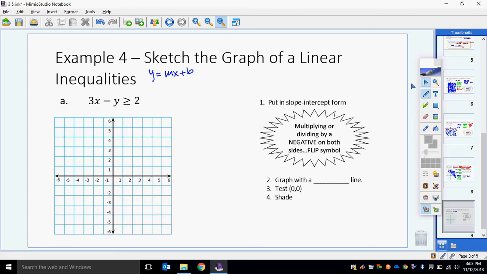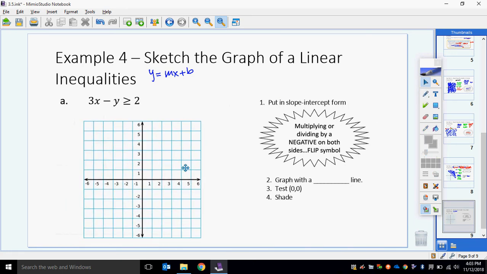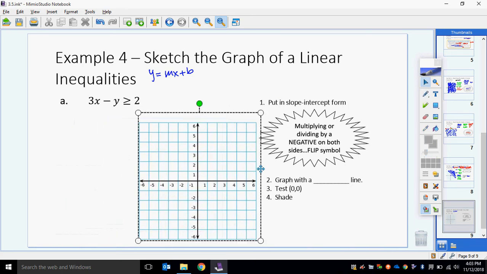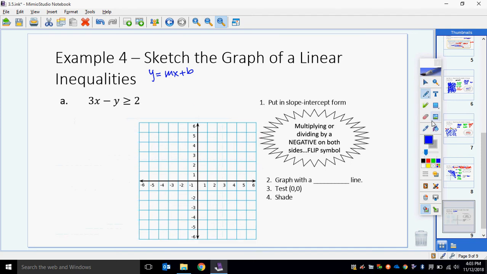All right, so let me move this down. If I were to solve in slope-intercept form, I need to get y by itself. So I need to move this whole 3x term, not just the 3 and not just the x. I want to move both of them. It's positive, so I'm going to subtract it on both sides of my inequality. That way those add up to 0.